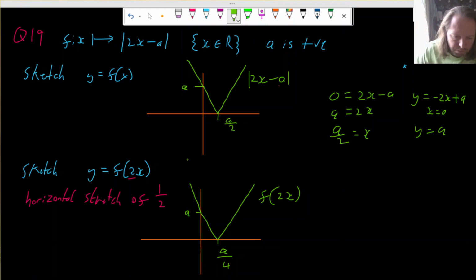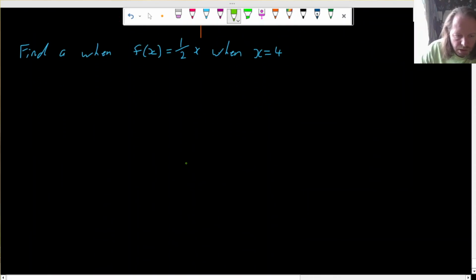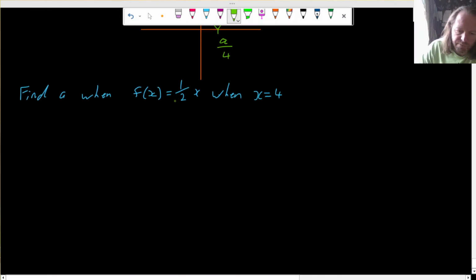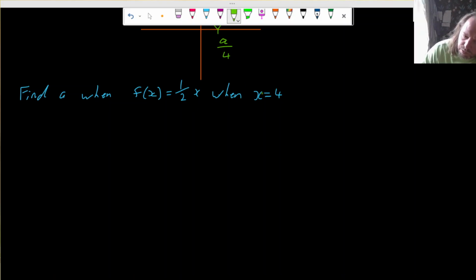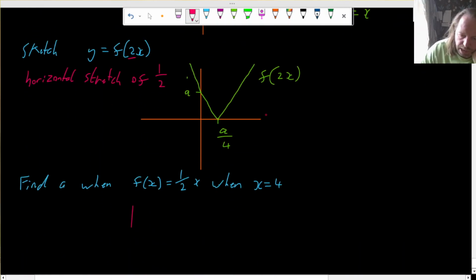So now on to part c. Find a when f of x equals a half x when x equals 4. Let's just remind ourselves what f of x was. It was the modulus of 2x minus a.